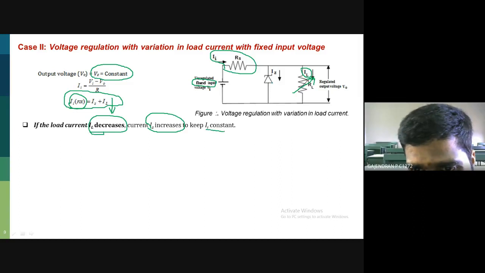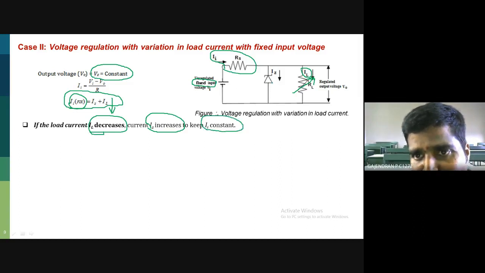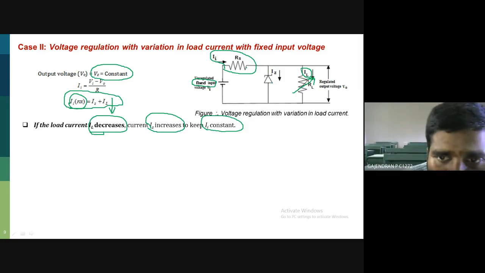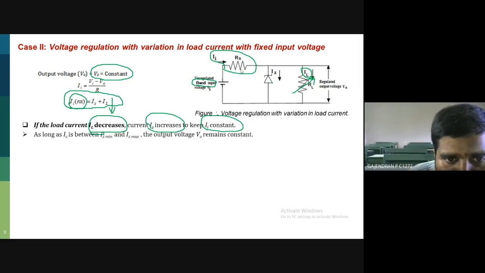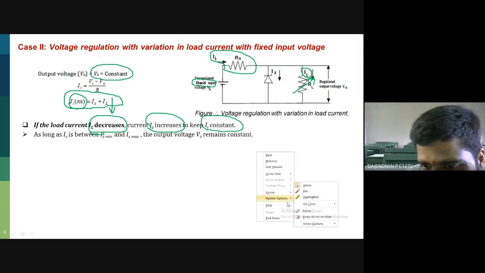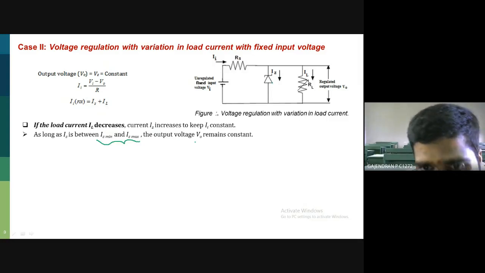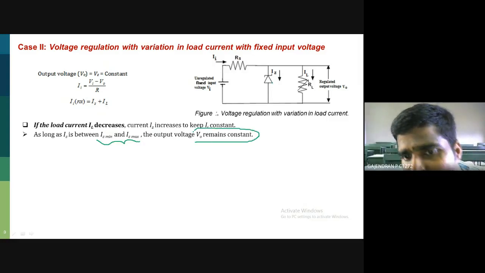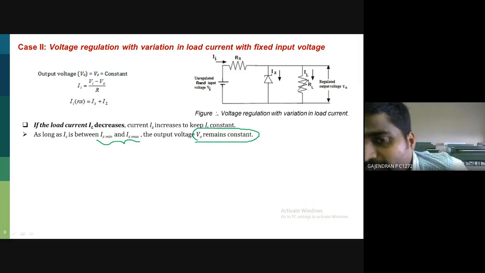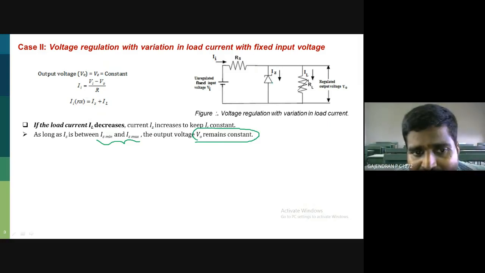Thereby my II, that is my input current, is constant. Once my input current is constant, if it also falls within this range, I can maintain the constant voltage. This is regarding if I decrease the load current.